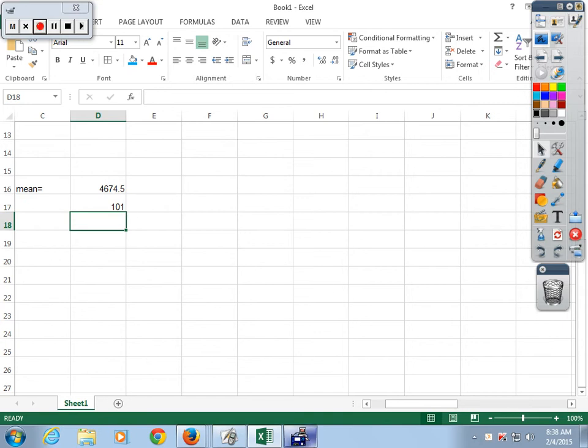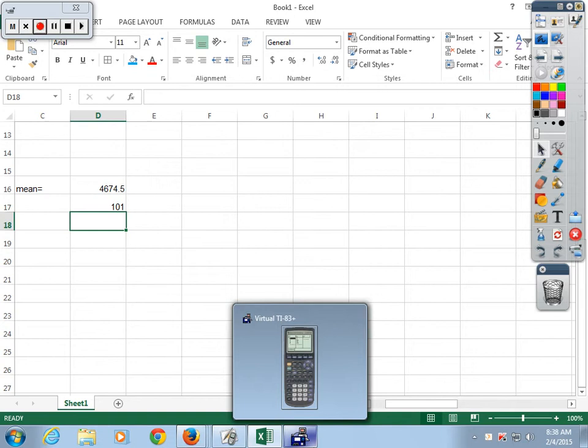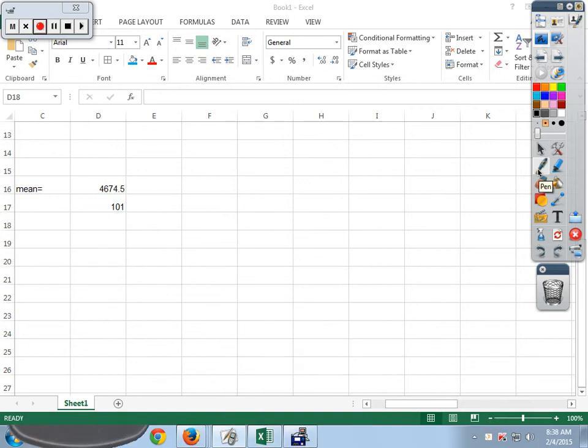So, I'm going to take those fraction bars, put right here. There it is. Mean is equal to the summation of f times x over the summation of f, which is n.